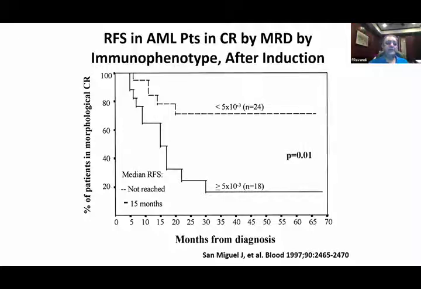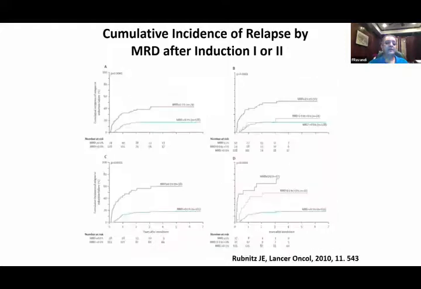You can see this paper is from 1997 from the Spanish group, clearly showing that, actually this was only with a 4-color flow cytometry, even with a rudimentary 4-color flow, you can actually detect leukemia cells, and if they were present, the median relapse-free survival was significantly worse.